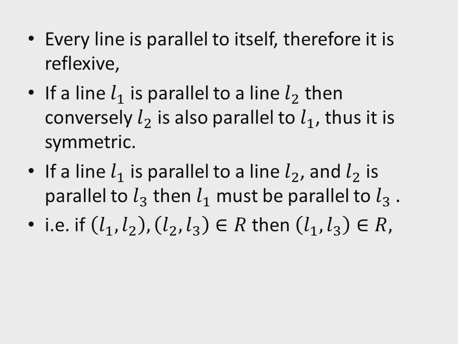That will mean that if (L1, L2) belongs to R, and again (L2, L3) belongs to R, then (L1, L3) must belong to R. Okay, and this will give that the relation is transitive. Since we have got the relation to be reflexive, the first one, symmetric, the second one, and transitive, the third one, therefore R is an equivalence relation.